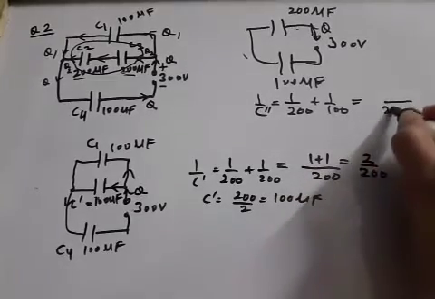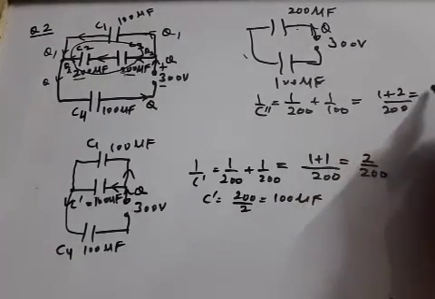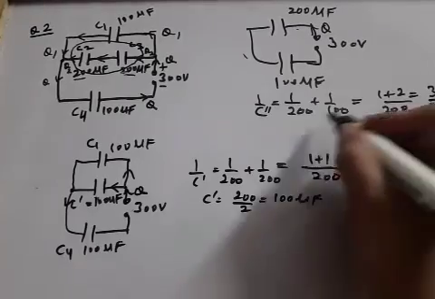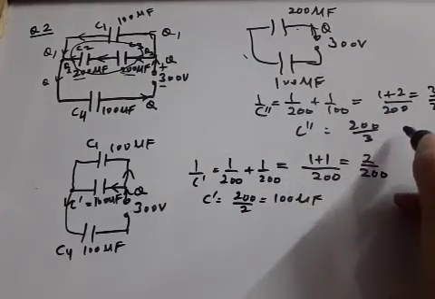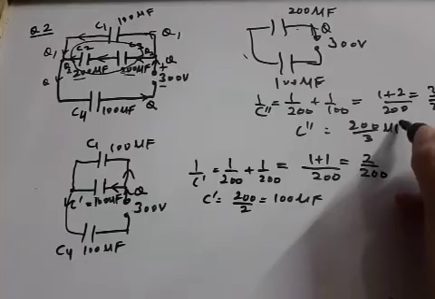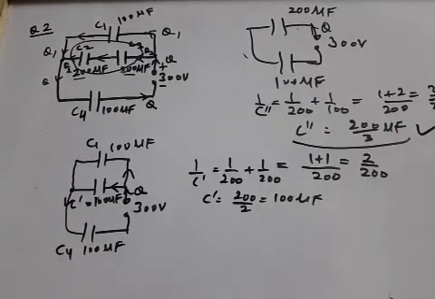Finally, after taking LCM, 1 plus 2, so 3 by 200. That means C double dash answer is 200 by 3 microfarad. This way we have obtained the net capacitance answer.